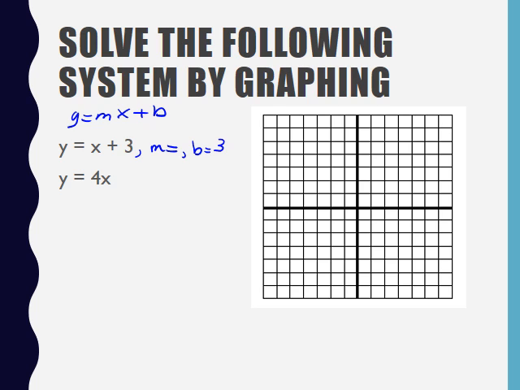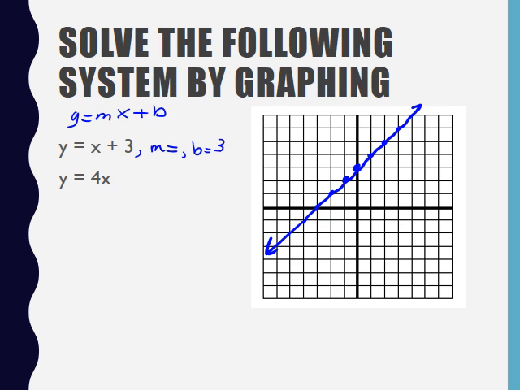Okay, so I'm going to go up to 3, and my slope is 1, so up 1 and over 1, or I go down 1 and back 1. Now with these systems, the more points you graph, the more accurate you're going to be.